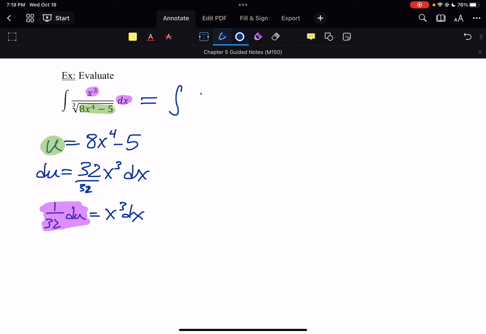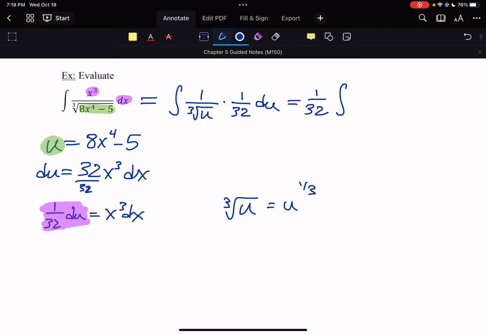So this is 1 over the cube root of u times 1 over 32 du. So let's see. The 1 over 32 is a constant, so that can just get pulled out to the front. The 1 over the cube root of u, so the cube root of u by itself is u to the 1/3 power. But because it's in the denominator, we're going to have it being negative, so u to the negative 1/3 du.